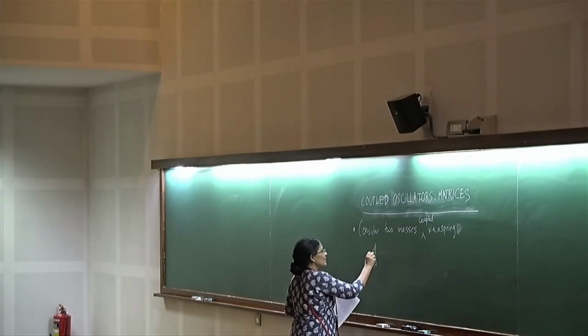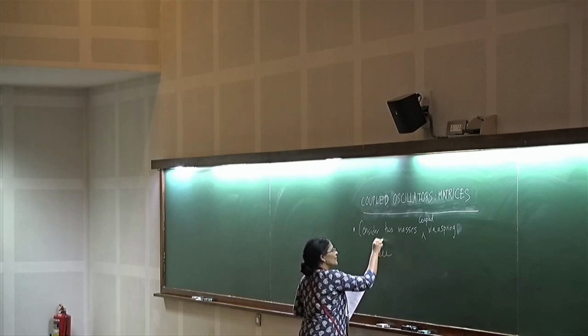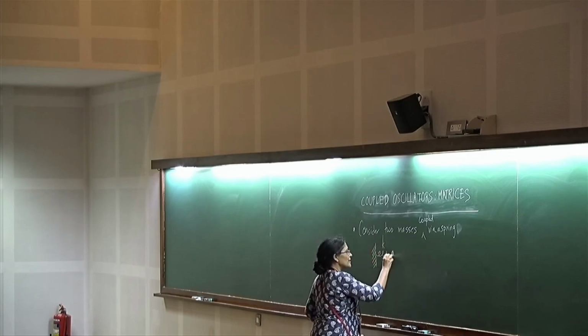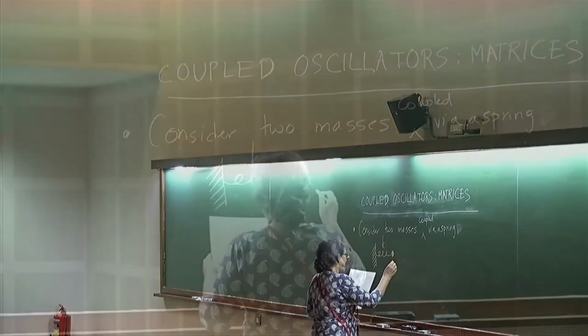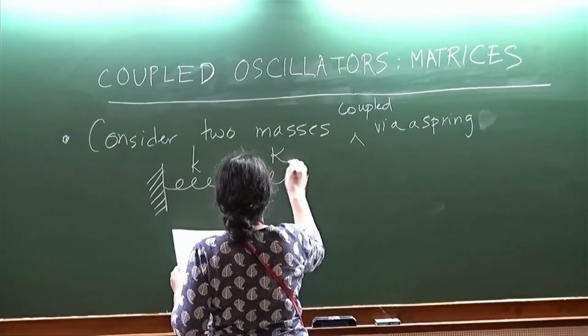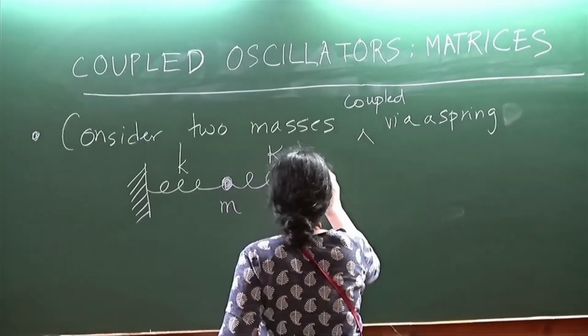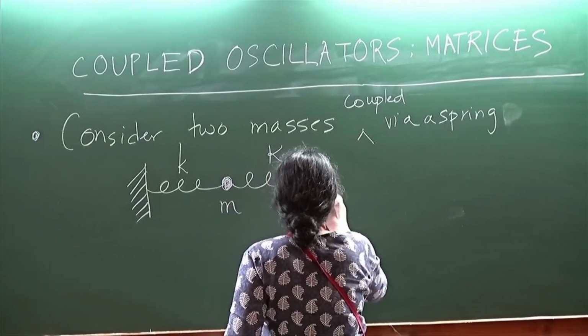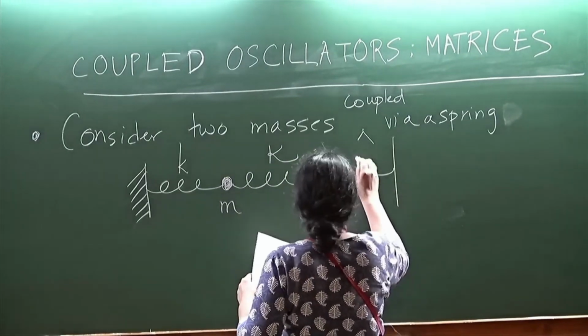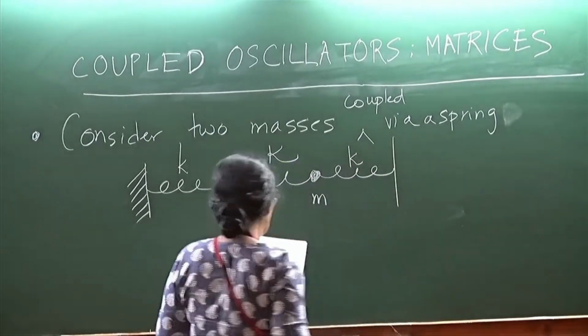You have one spring with spring constant little k. There's a mass m, and there is a coupling spring of spring constant kappa, and there is a mass m over here, and there's a spring of spring constant k.